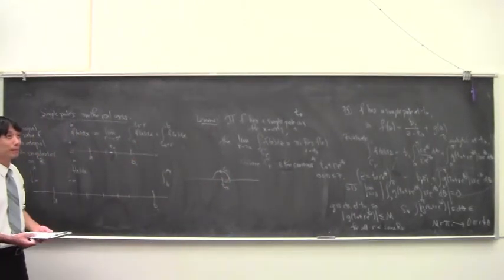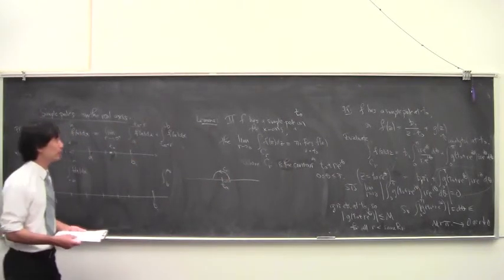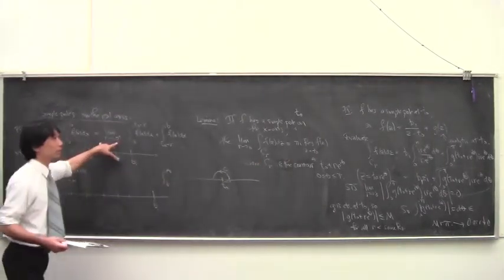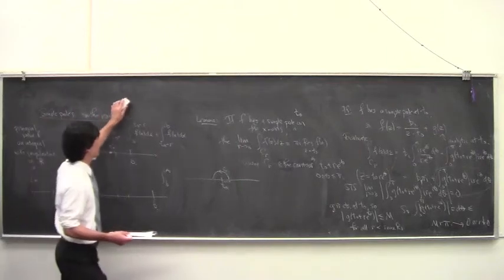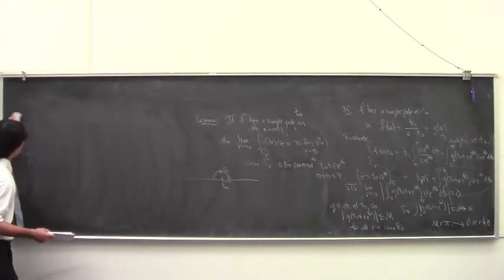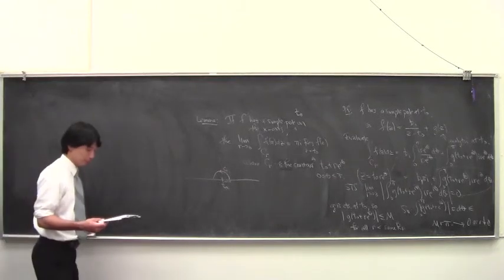Okay. So what does this give us? How do we use this lemma to evaluate these sorts of problems? I'll just sketch it out, and we'll start off with an example next time.